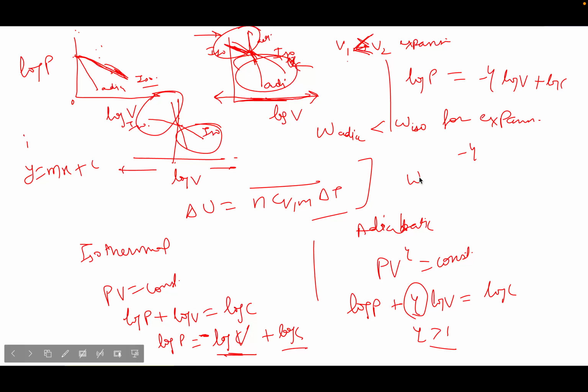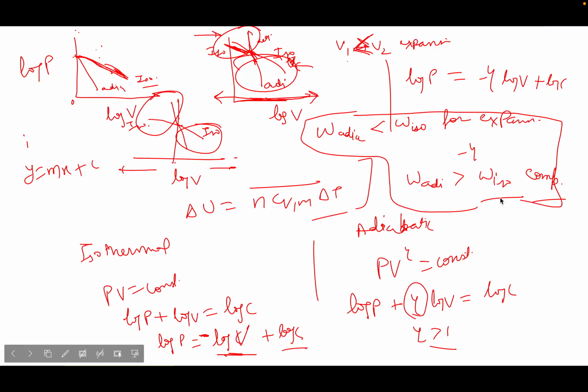But for compression, work done for adiabatic is greater than work done of iso. So these are very important things that come in most of the competitive exams. They ask these questions directly about the slope, about which curves come below and which come above, and these work done values. So it may be helpful.